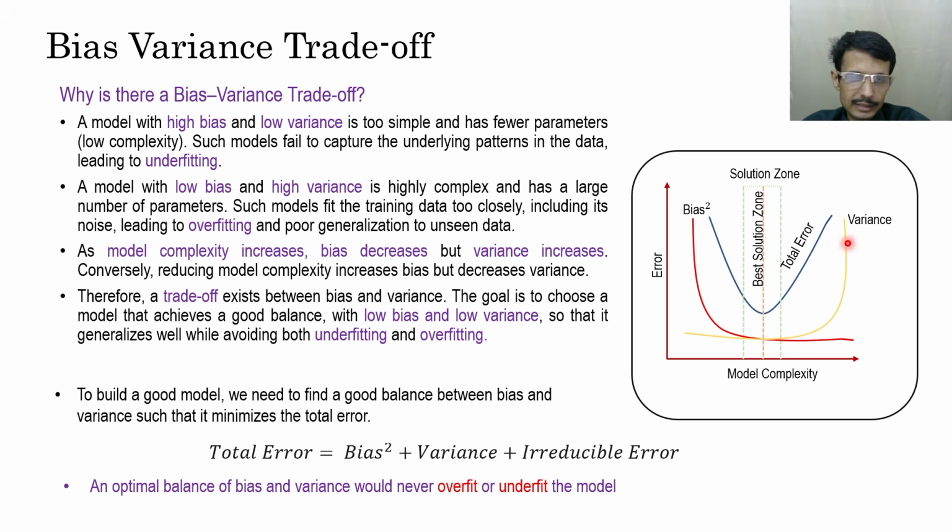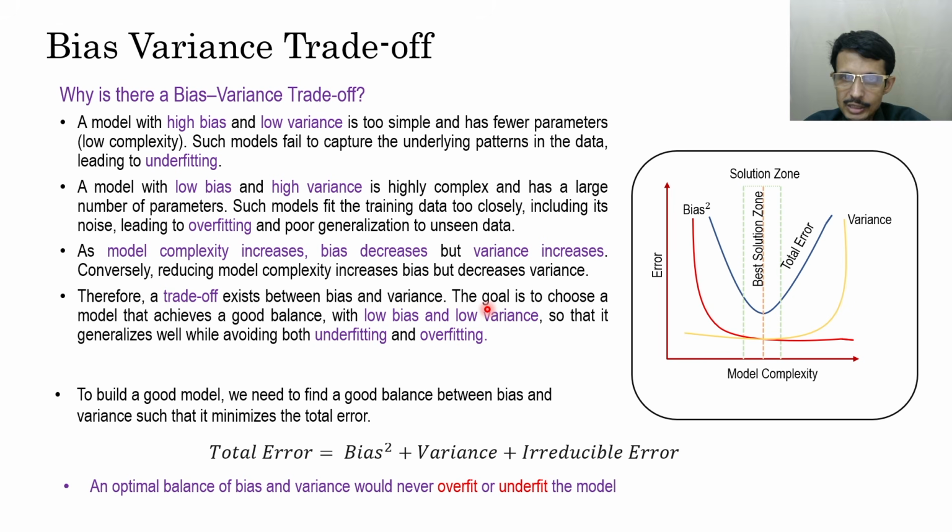As the model complexity increases, bias decreases, as you can see, but the variance increases. Conversely, reducing model complexity increases bias but reduces variance. That is very evident from this picture. Therefore, a trade-off exists between bias and variance.